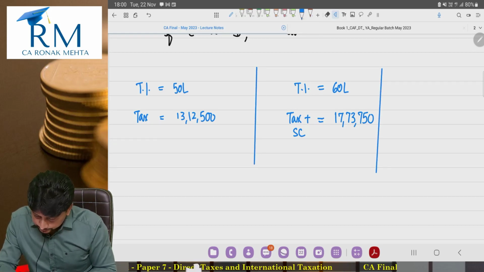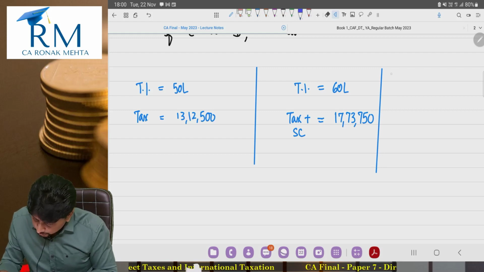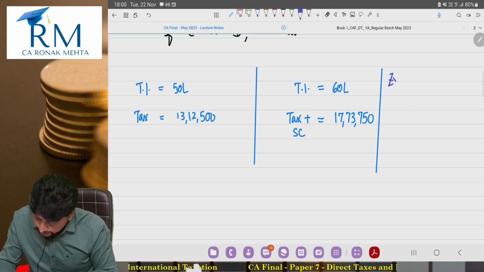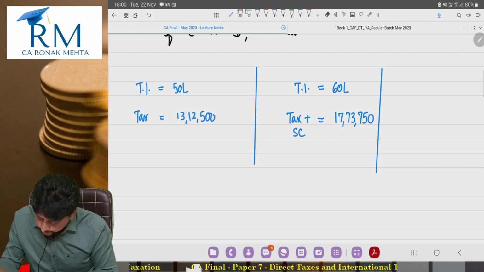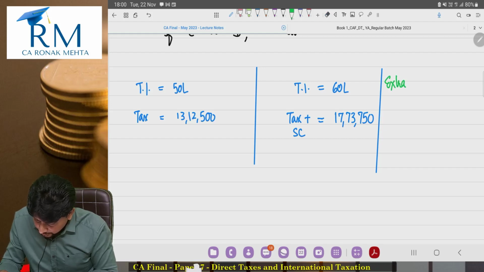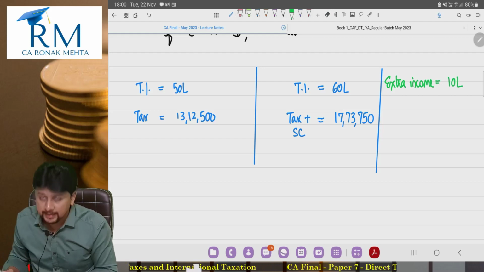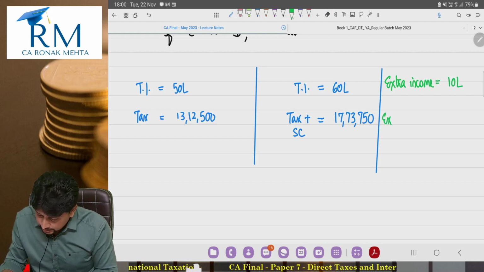Tell me, what is the amount of extra income? So extra income is 10 lakhs. And what is the amount of extra tax?